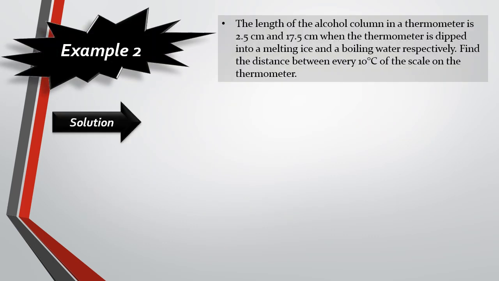The length of the alcohol column in a thermometer is 2.5 cm and 70.5 cm when the thermometer is dipped into melting ice and boiling water respectively. Find the distance between every 10 degrees Celsius of the scale on the thermometer.